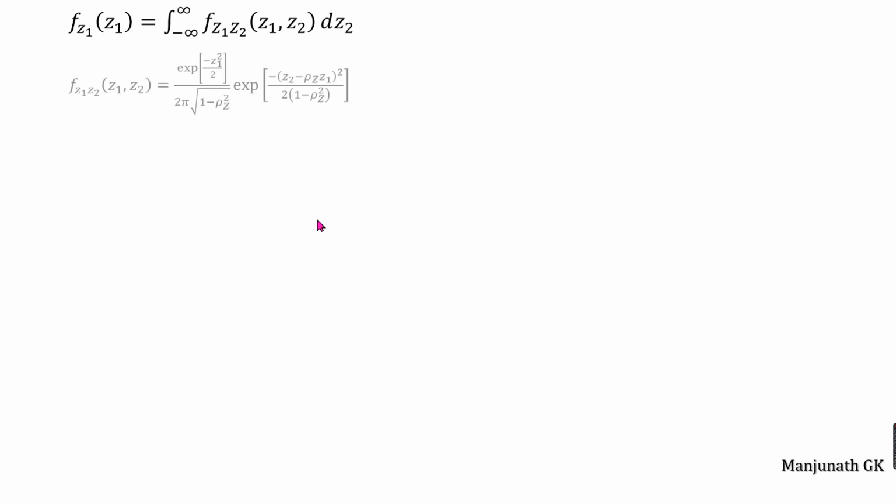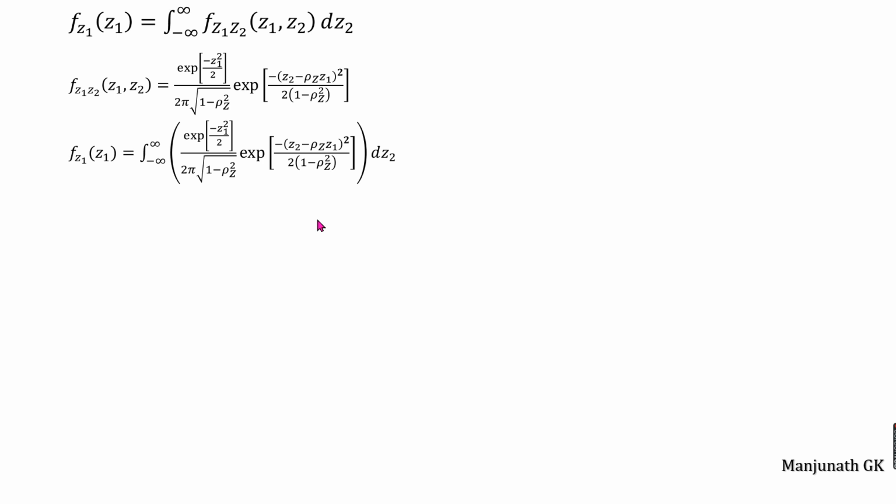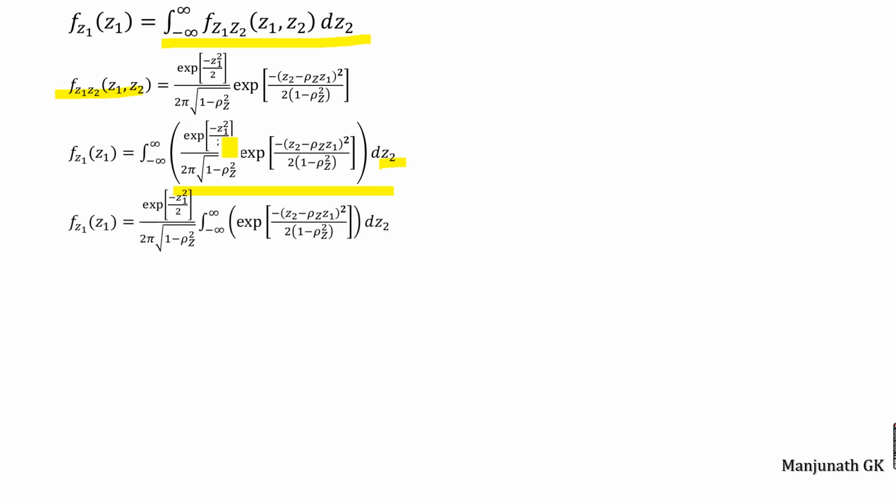We know this formula. Next, the given PDF is modified and applied inside the integration, and this should be integrated with respect to z2. In this integration, z1 terms are constants, so take them outside. This term, 2 pi and rho, they all are constants, so take them outside.